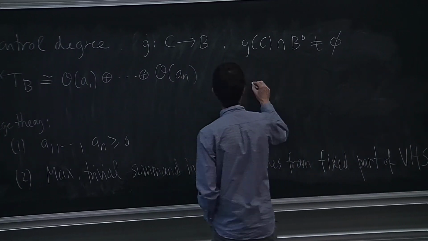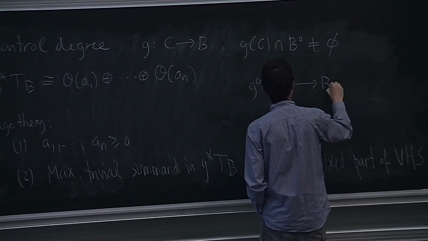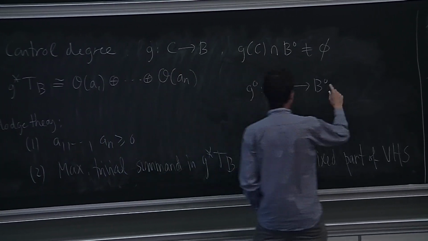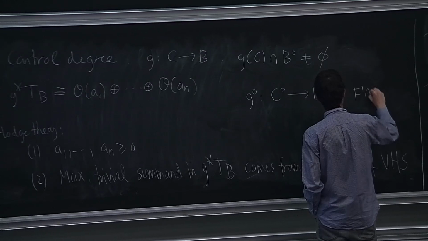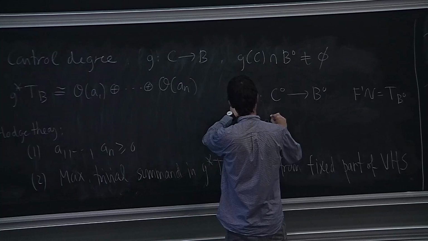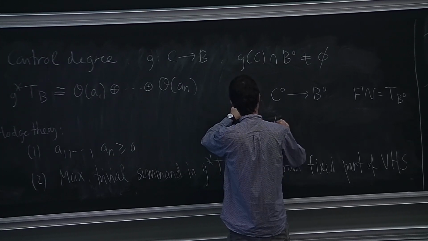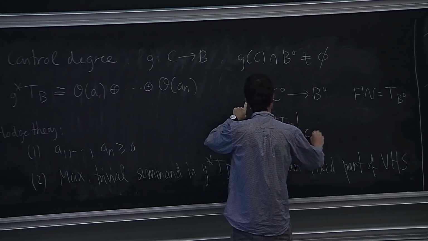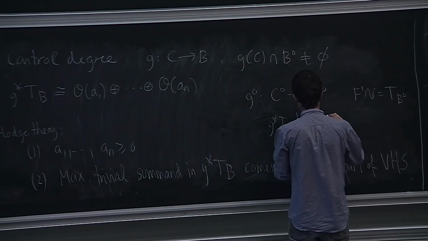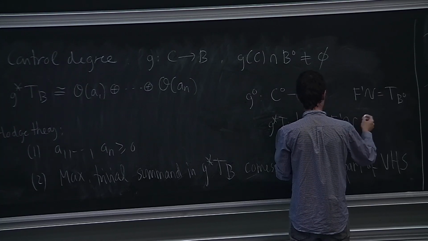Right, so if I, again, maybe I'll write it like this. So this is the part of the curves that lives over B0. Then we know that the F1 is the tangent bundle of B0. So when I pull back the tangent bundle and then I restrict it to the part of the curve that maps into B0, then I'm really getting the F1 of that Hodge bundle.